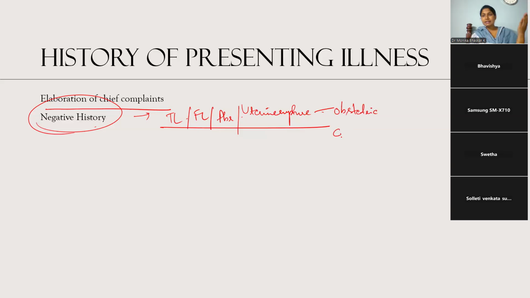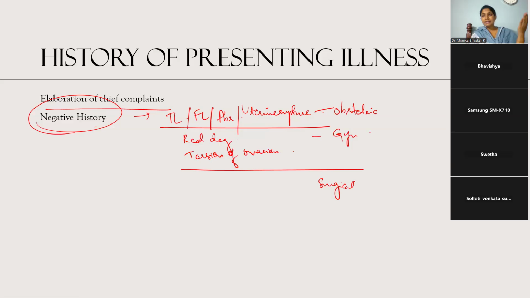So what about the gynecological causes of pain abdomen? Red degeneration of fibroid or torsion of ovarian cyst. And what are the surgical causes of pain abdomen? Appendicitis, cholecystitis, pancreatitis, and gastritis.